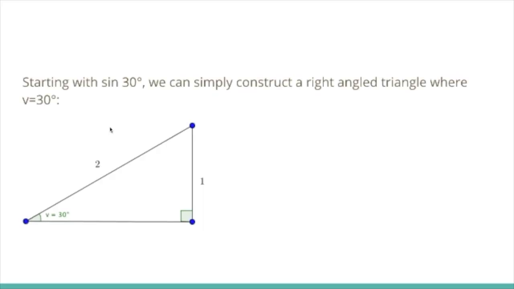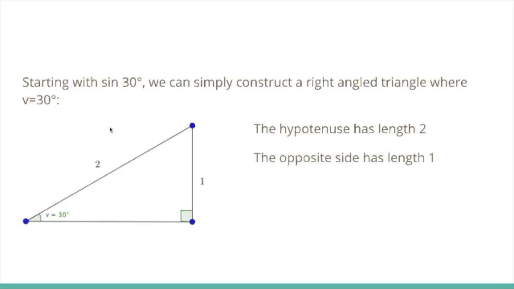So starting with sine of 30 degrees. Now we can simply construct a right-angled triangle where V is 30 degrees. An example of that would be where the hypotenuse is 2 and the opposite side is 1.